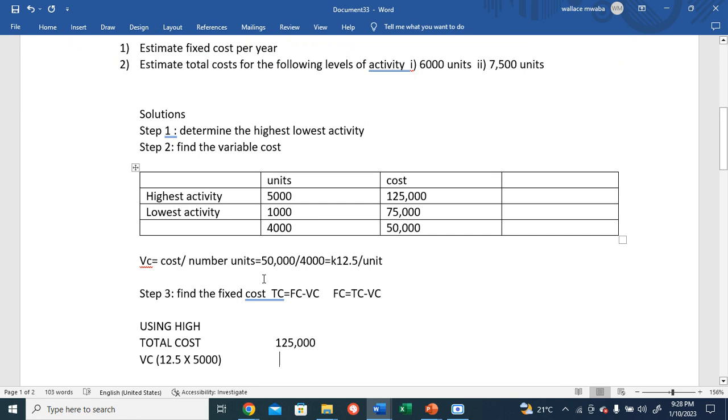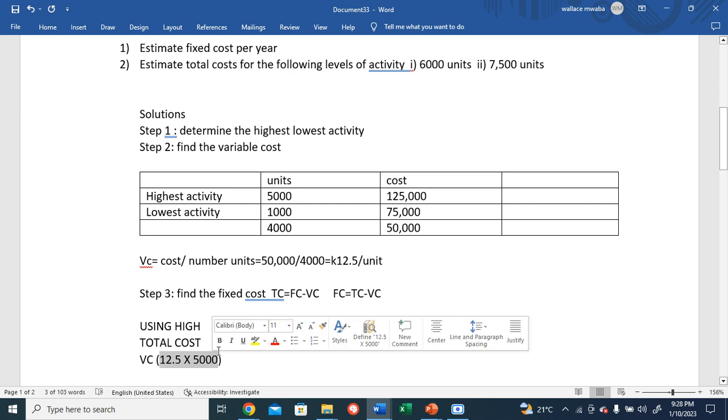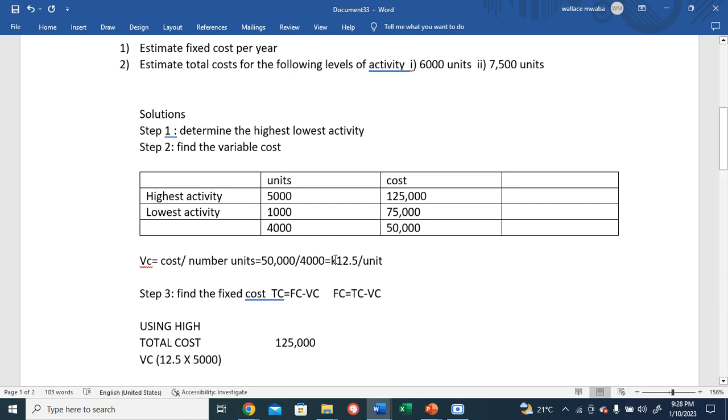All right, so we're using the highest activity to obtain our fixed costs.